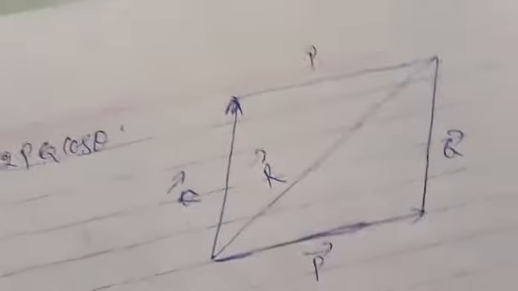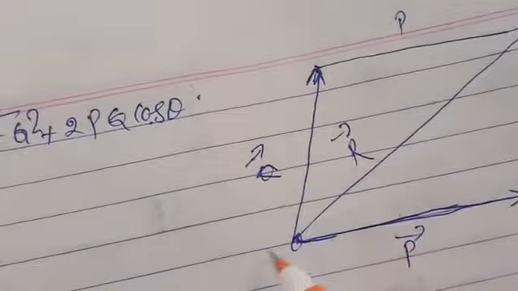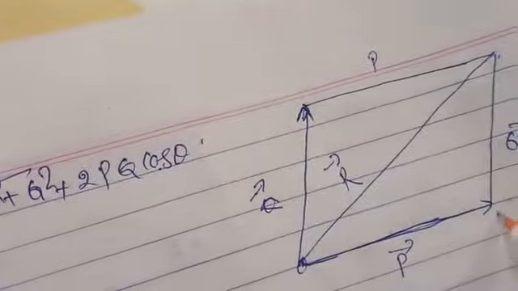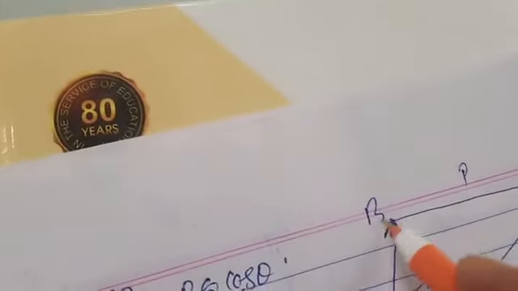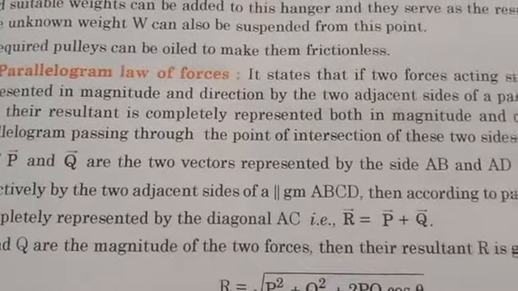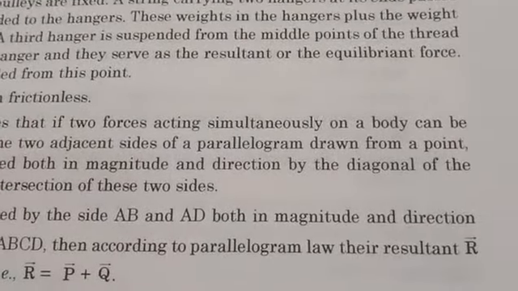Suppose this is a figure, and these are the forces P and Q. Two forces act simultaneously at the point O. Suppose this is a point A and this is a point B. If two forces P and Q act simultaneously at the point O, then according to the statement, they are represented in magnitude and direction by the two adjacent sides of the parallelogram drawn from the point.